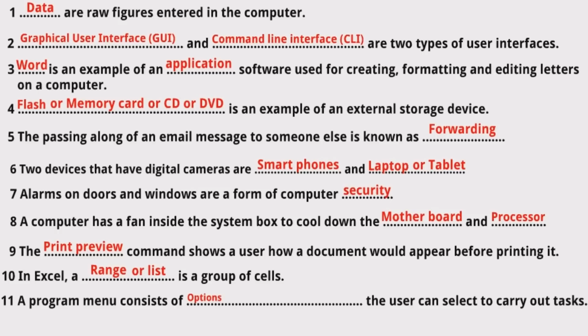A program menu consists of options the user can select to carry out the task. And the other way that can fit there is choices, which can also simply mean list of commands. So a program menu consists of a list of commands the user can select to carry out a task.